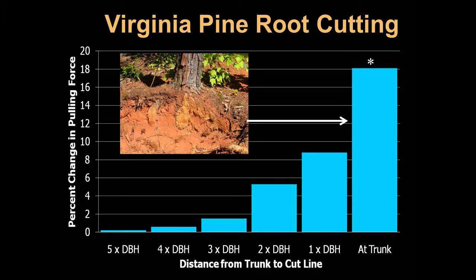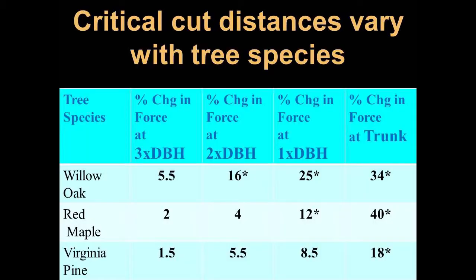And with pines, you can see some change here, but it really wasn't statistically significant until we were shaving the trunk. Okay, so here's our table with all of them, and it varies a little bit. The willow oak, less than 3, the maple less than 2, and the pine less than 1.